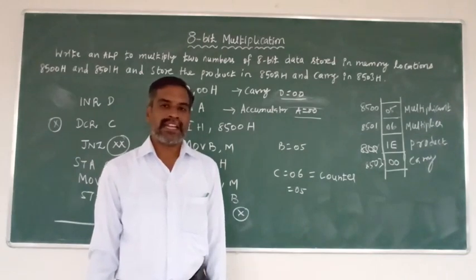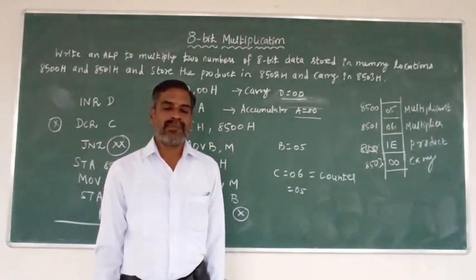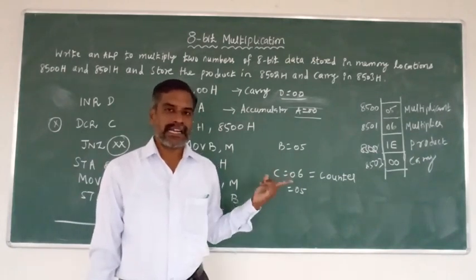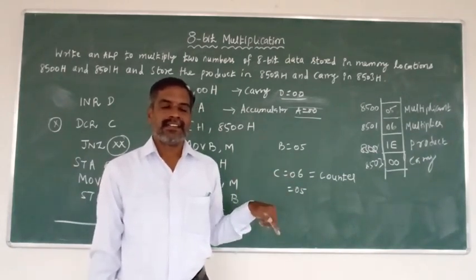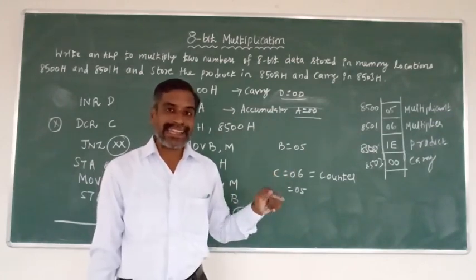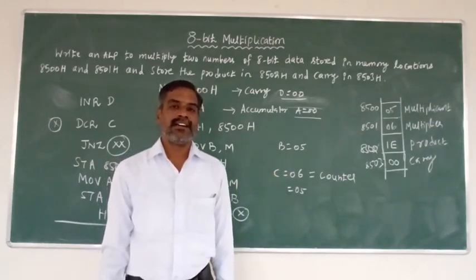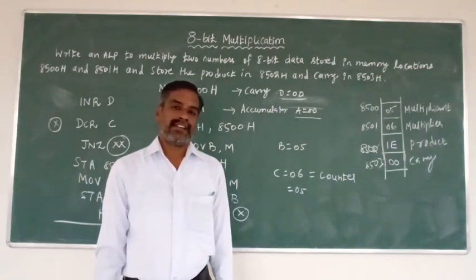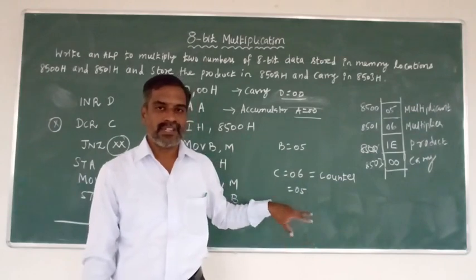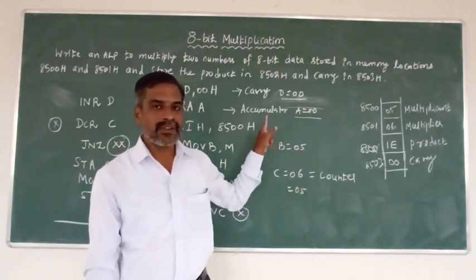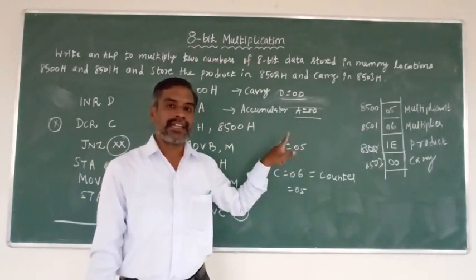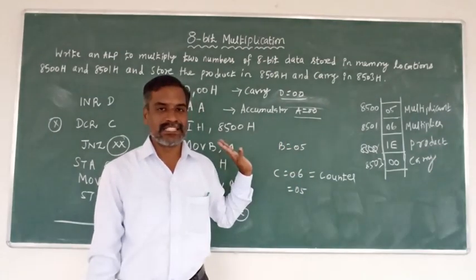In multiplication, initially the accumulator is cleared to 00. Now the accumulator data is added with the register data, and the second register data is fixed as the counter. Till it is 0, we repeat the same process, adding the accumulator with the data 1 register.